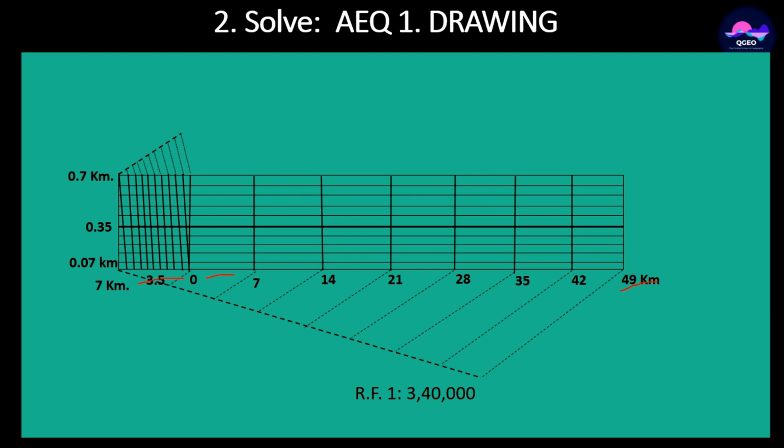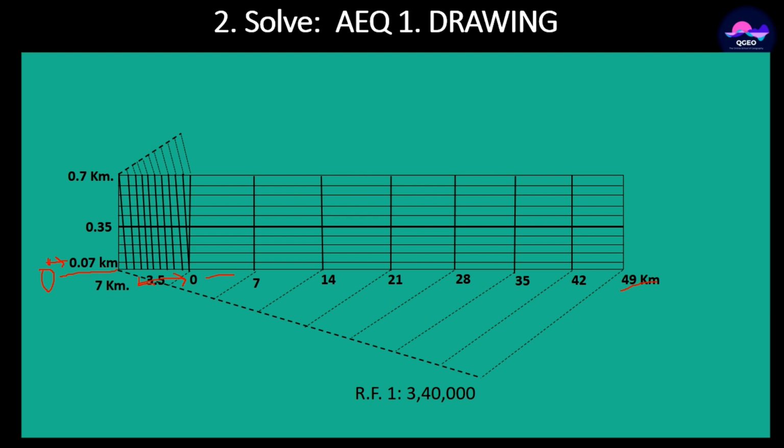Remember that 1 primary division is equal to 10 secondary divisions, and 1 secondary division is equal to 0.7 kilometer. In the tertiary values, here 0, and 1 tertiary value is equal to 0.07 kilometer.